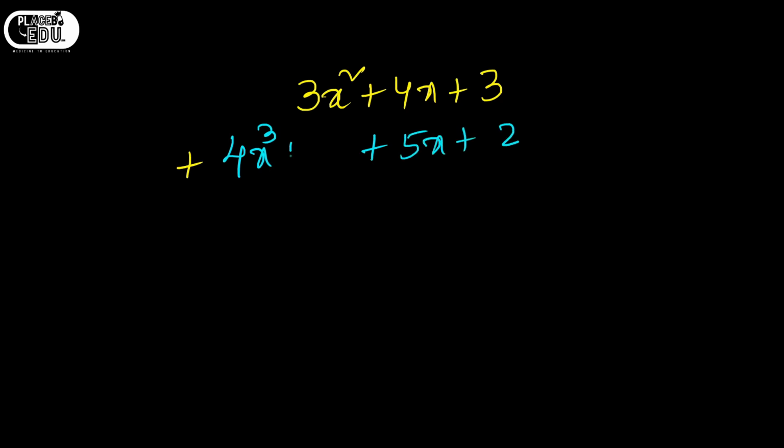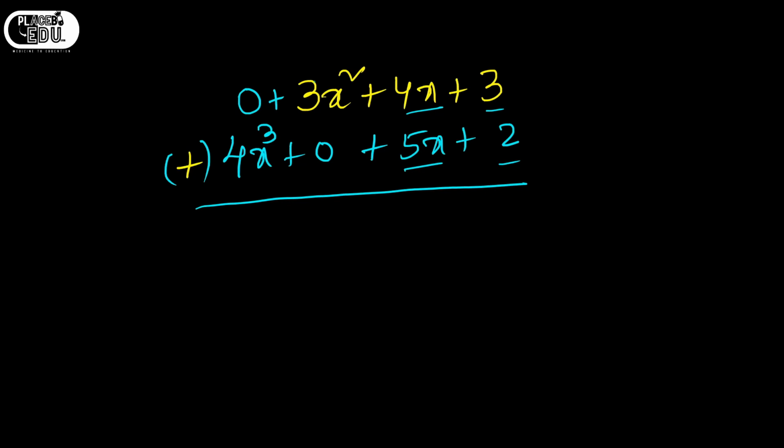What I did is, I wrote the like terms up and below. See here, 4x and 5x are like terms and 3 and 2 are the constants. I don't have any x square term in the second one, so I wrote it as 0. And I don't have any x cube in the first term, so I am writing it as 0.